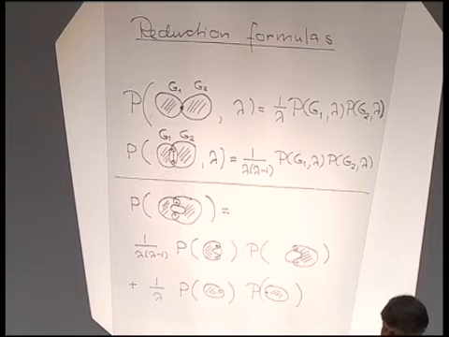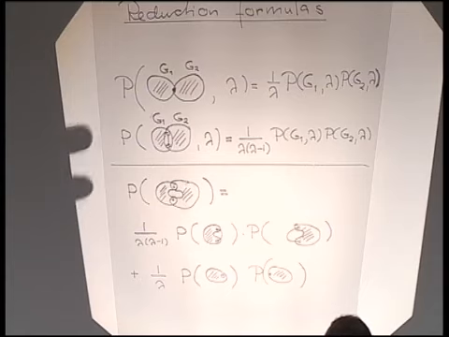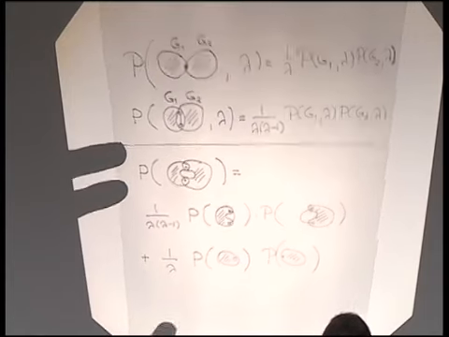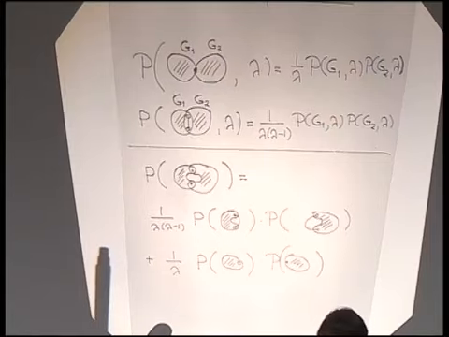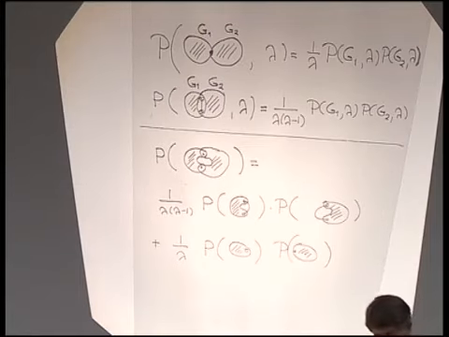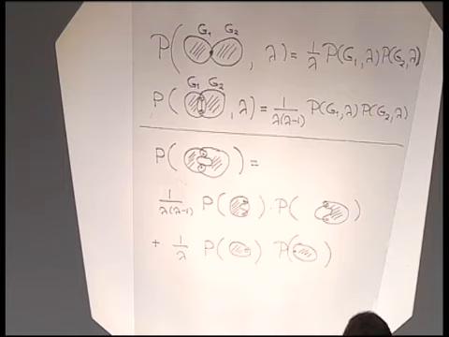If you paste two graphs together in a complete subgraph, then you can factorize the chromatic polynomial. You can also glue two graphs together in two vertices which are not joined by an edge, and then you also have a reduction formula. It doesn't really matter what it says. The important thing is that we have a formula for this. So these are the only reduction formulas which I use in the proof.